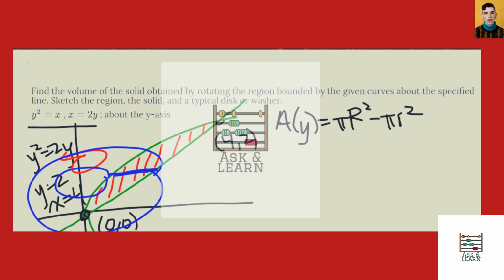The bigger circle is caused by this line right here, because the x value is always greater, creating the larger circle. So that's x equals 2y. We plug in the x value, because the x value is the radius of the circle. So the big R is just 2y.